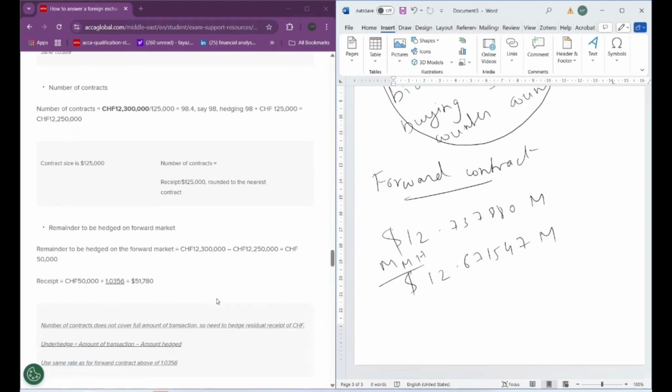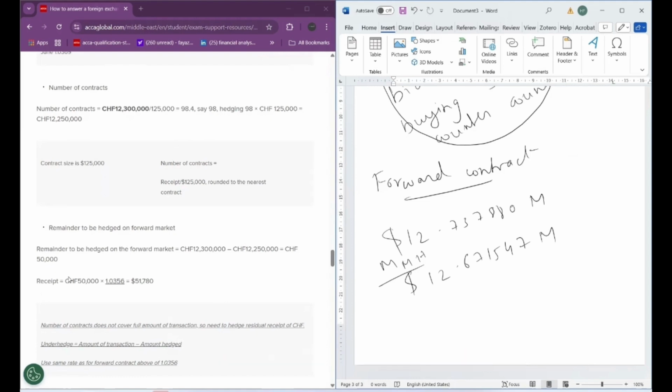Let's see how much that gives us. 0.4 into 1,25,000 is 50,000. That also is correct. Or the other way around, you subtract the entire 12.3 million receipt minus the amount that you're going to hedge using the futures contract, and you end up getting this.